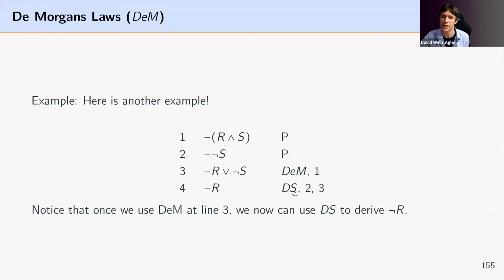We can use disjunctive syllogism on it. Since we have not R or not S, and we have not S, this formula right here cancels out this one. It's not the case that not S, and so it must be R. So again, think about using DeMorgan's laws whenever you have a negated conjunction or a negated disjunction, because it allows you to potentially use other rules to solve your proof.